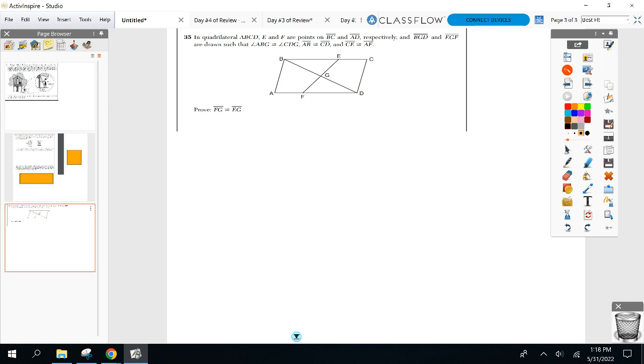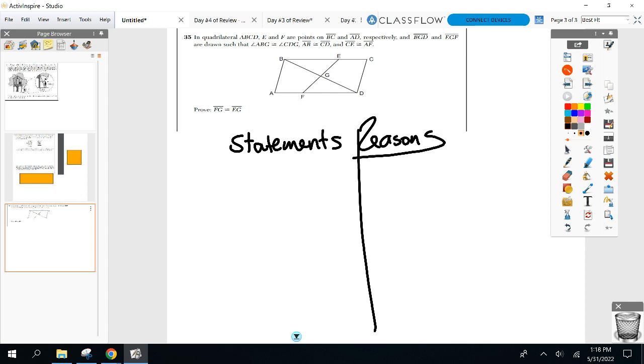So here we go. It's been a while since we've done proofs. I'm just looking at the proof statement right now, and I'm thinking to myself, FG congruent to EG. Probably not going to happen unless what's congruent first? Triangles. So I'm thinking this is probably going to be a CPCTC proof, right? Prove the pair of triangles. Which pair?